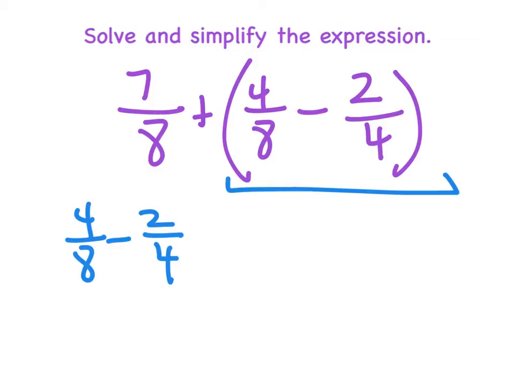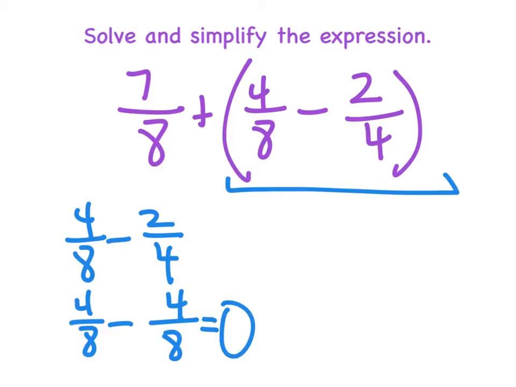So over here, I need to find a common denominator. 8 can be a common denominator, so I can leave this the same and change 2/4. 2/4, I would multiply by 2 over 2 to get something over 8. So I'm going to have 2 times 2, which is 4/8. So I have 4/8 minus 4/8, which is 0.